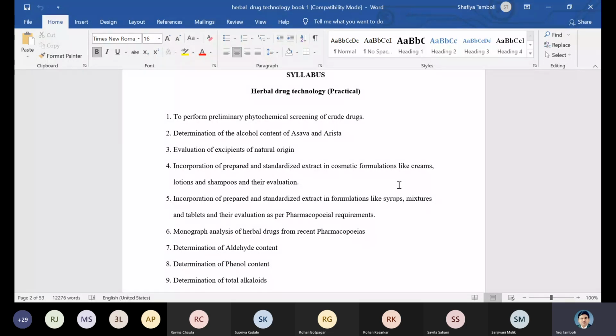Evaluation means whether these are fit or not to be used as an excipient. Before going to the formulation, you should evaluate the excipient at the lab level.